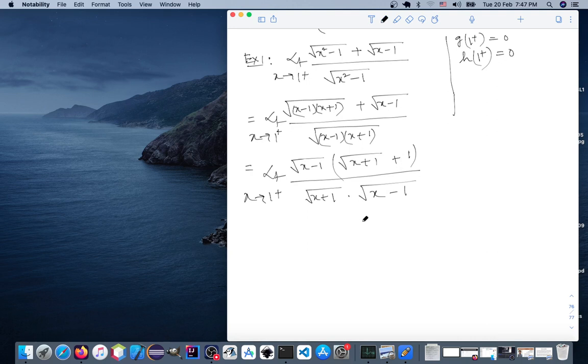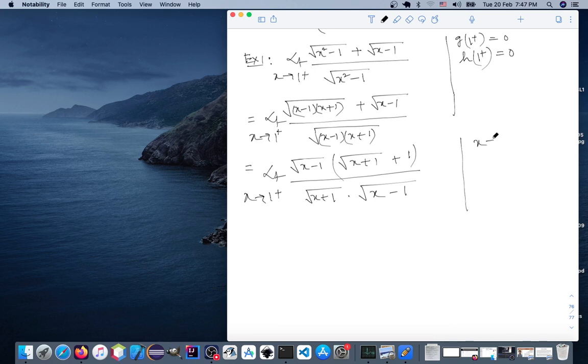We can write the denominator, root over x minus 1 into x plus 1, as we can separate out the factors, bring the factors outside the root, because x minus 1 is positive, because x is tending to 1 plus.